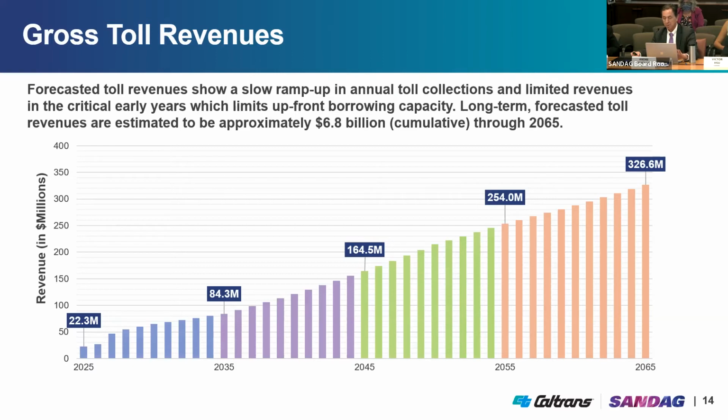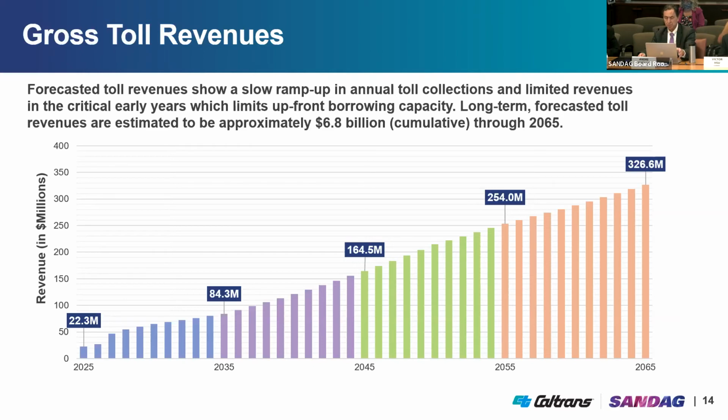So one of the most important questions that investors have is, is this a standalone financially feasible project? And so part of the team that we hired is CDM Smith, who did an investment grade traffic and revenue study, which really is the basis for our entire financial model. What this chart in front of you shows is the revenues that CDM Smith said the project should generate through 2065.